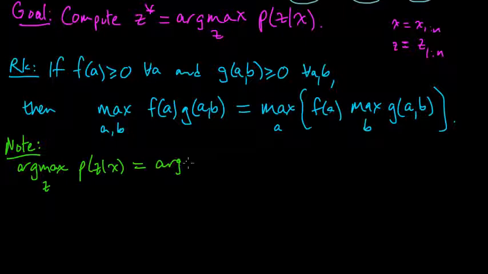So this is proportional as a function of z. This is equal to the argmax of the joint, because they're proportional. And this is going to be a little easier for us to work with. So let's work with this joint distribution.